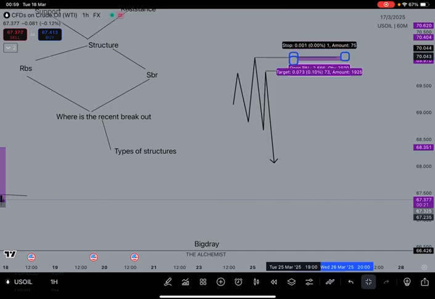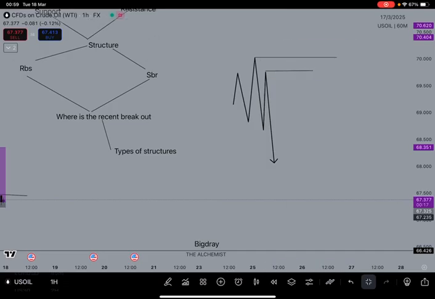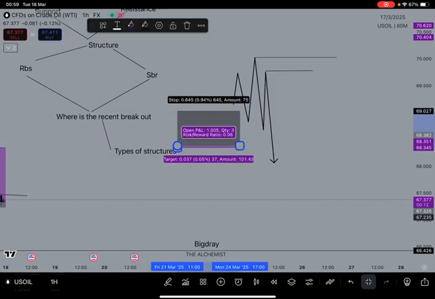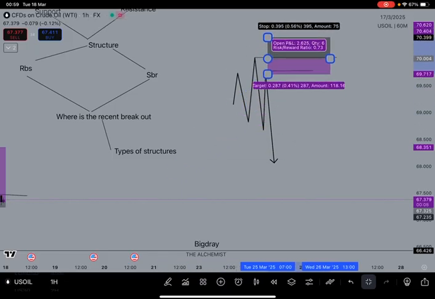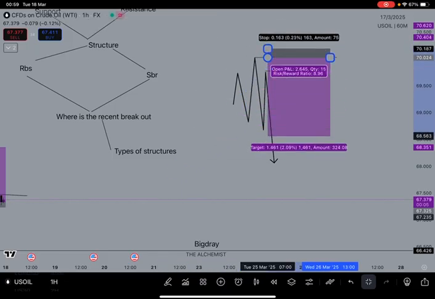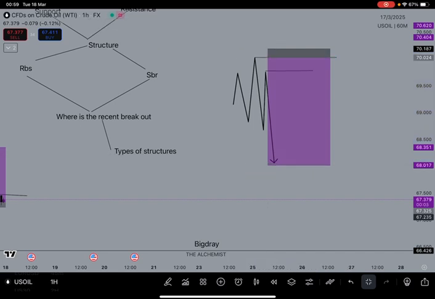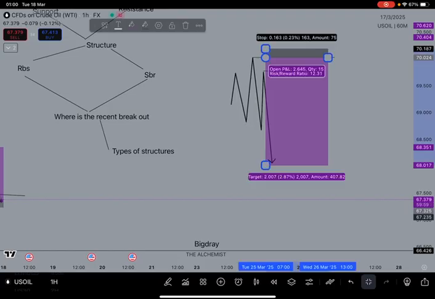These are what you need on a resistance structure. Do you understand? These are the type of things you need to sell resistance.